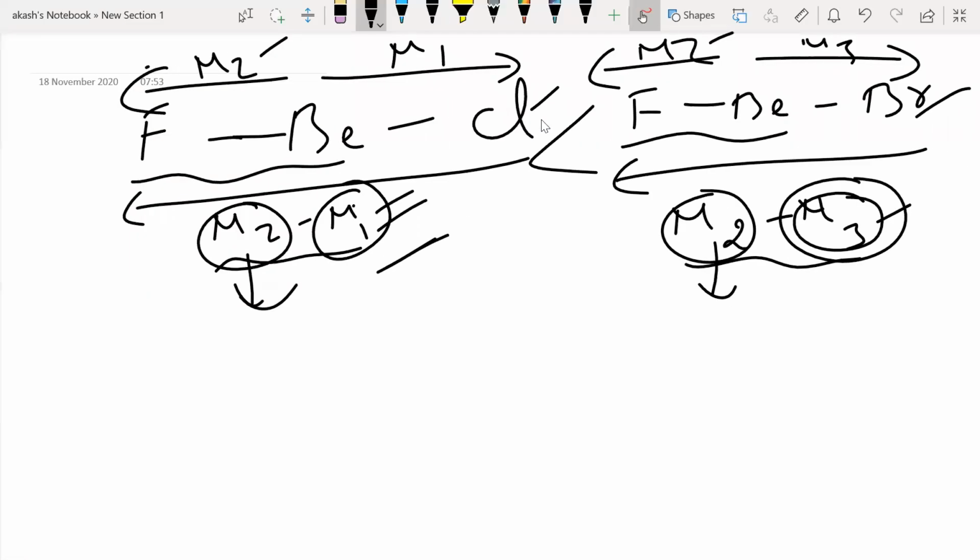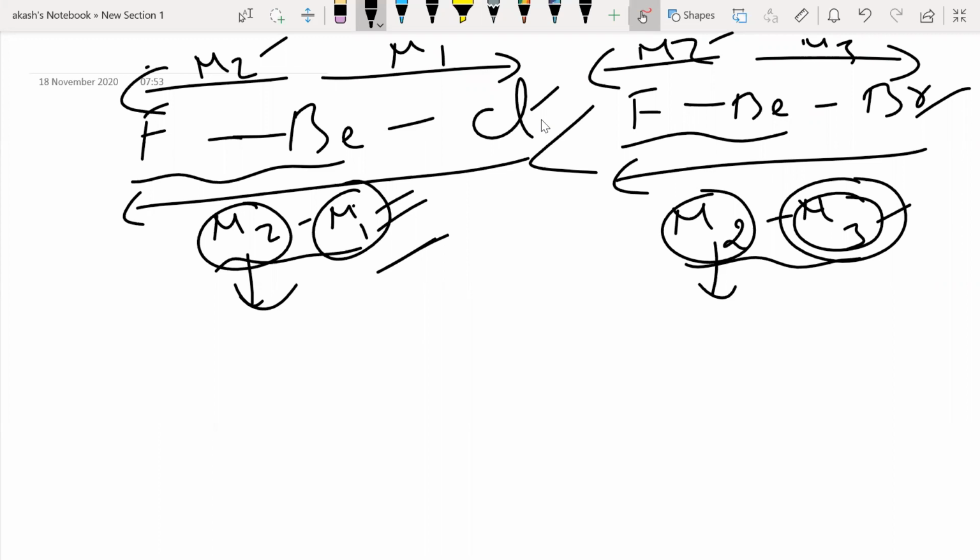Good. So this way only you have to understand. This is how, even though you have polar bonds, you would compare two different molecules and say which has higher dipole moment and which has lesser dipole moment.